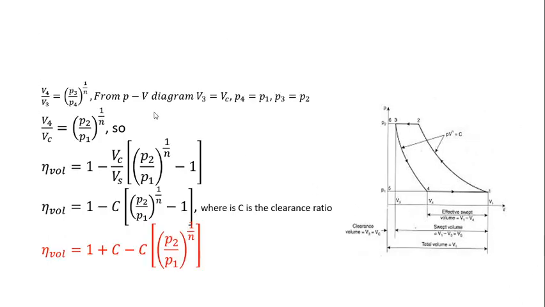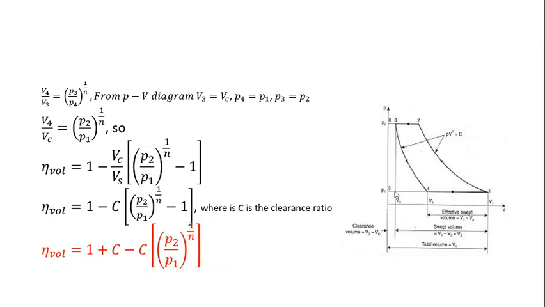So from that we will get V4 by V3 is equal to P3 by P4 raised to 1 by n. Right? So what is V3? V3 is nothing but Vc.